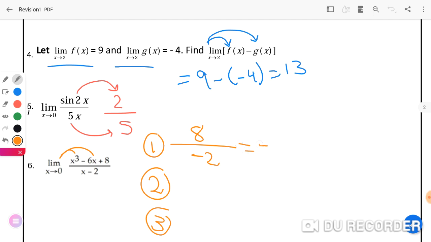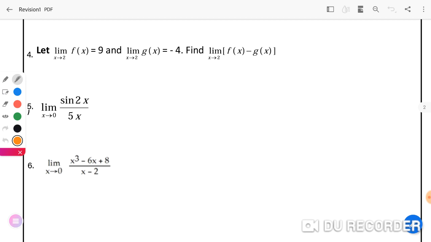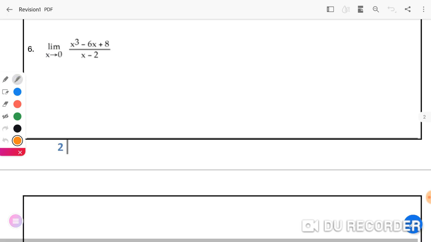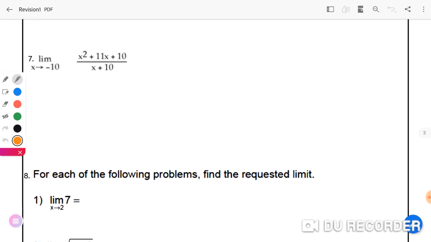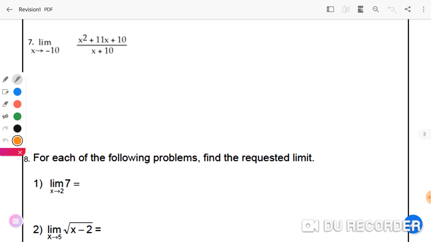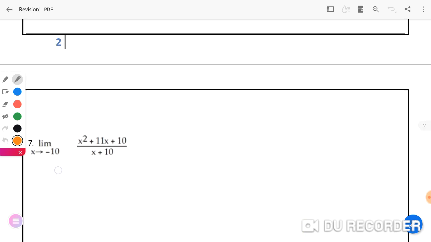So since we got a number, the limit equals negative 4, and I will not need step 2 and 3. If we get a number, the limit will be this number. That is why it's very important to substitute first. Maybe I will not need the other steps.